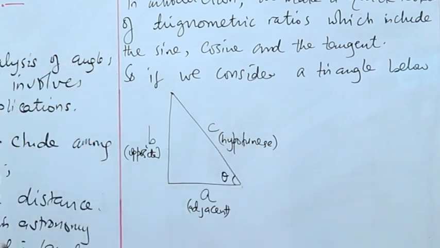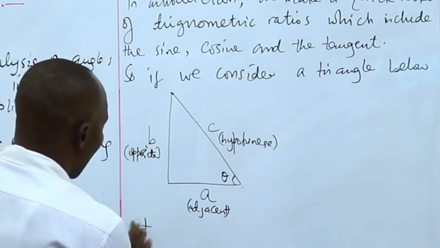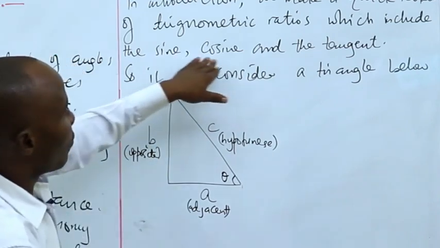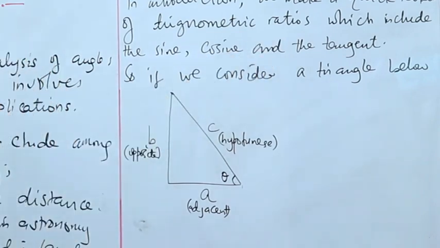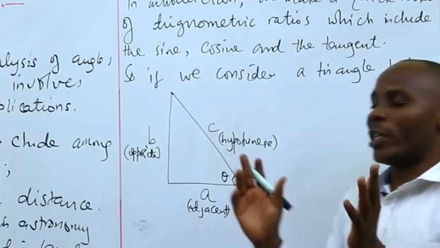So if we are talking of sine, cosine, and tangent, these are full words. We can abbreviate them, just like as I move on, I'll be abbreviating trigonometry as trig.